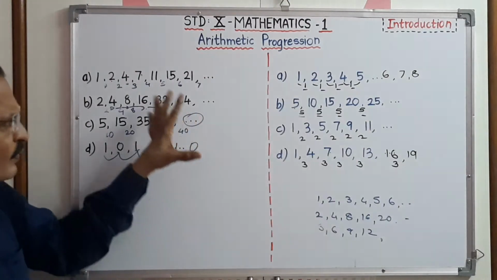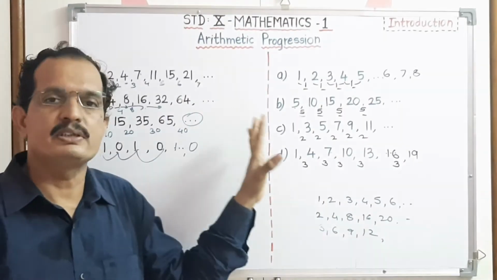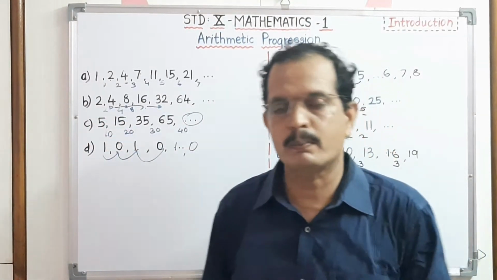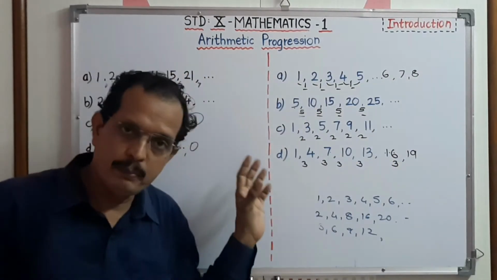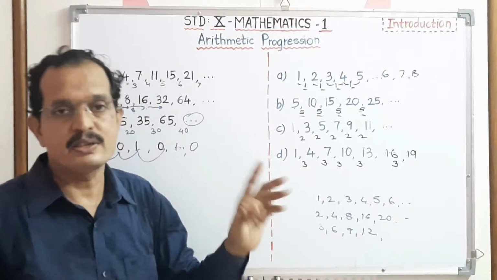That means all these are sequences, and all of you know sequences. In sequences, the numbers are arranged in a particular pattern, and that pattern is called a sequence. They follow a specific rule.